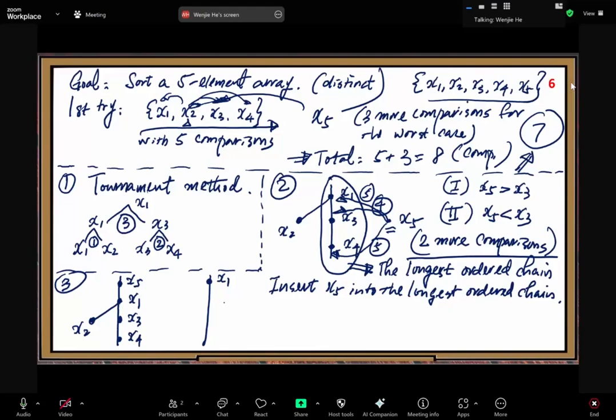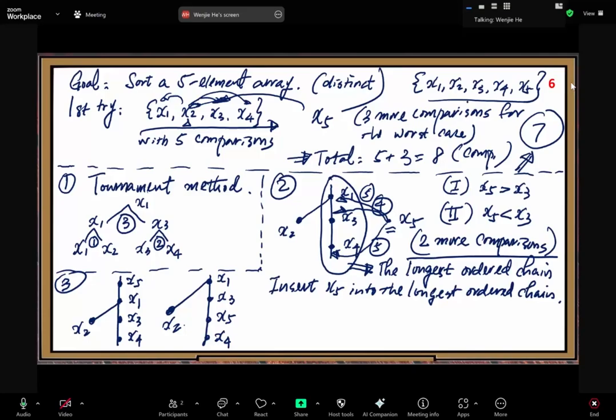For those several cases, we only need to pick 1 representative because they are structurally equivalent. So we do not need to look at all 3 possible cases. We can assume one of them like this. Then x2 is here.